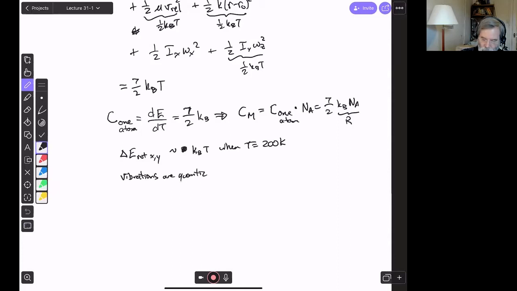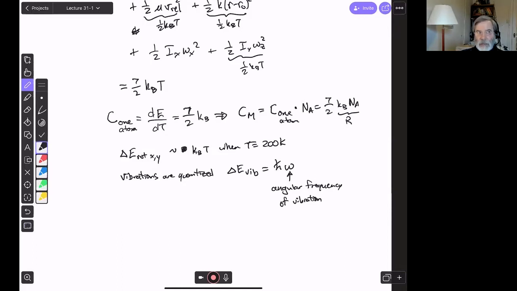So again, this is something that you will learn about if you take PChem or introductory quantum mechanics, but the delta E for vibrations turns out to be h bar omega, where omega here is the angular frequency of vibrations. So we use the same symbol for angular frequency and angular velocity.